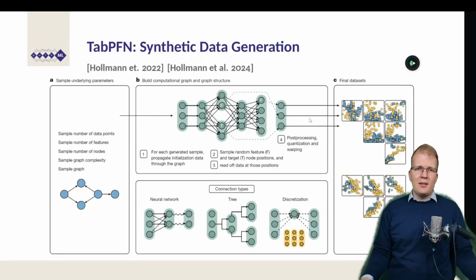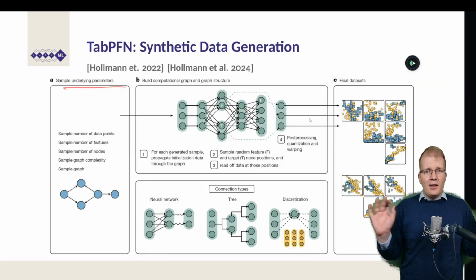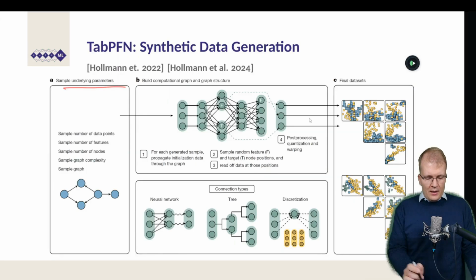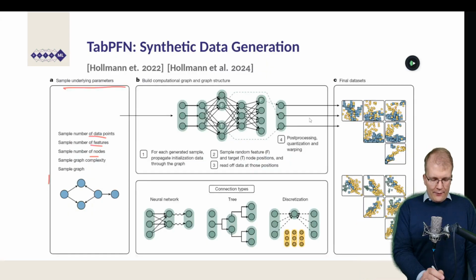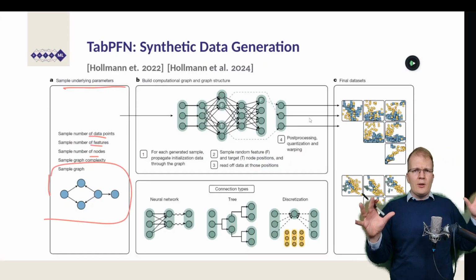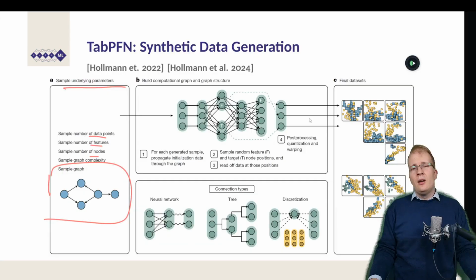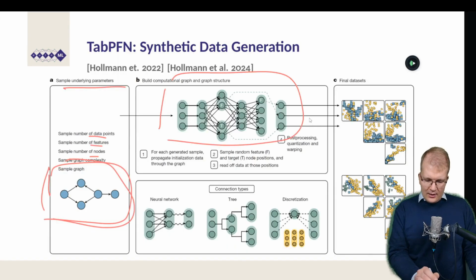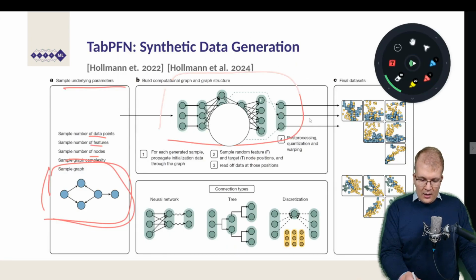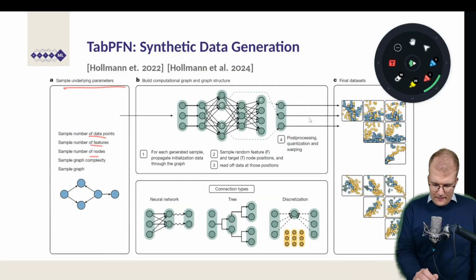How to do it specifically, here is the summary idea. First of all, we need some underlying parameters of the dataset we would like to generate, for example, the number of data points, features, nodes, and so on. Then we also have an overall graph, which tells us how data is transformed to get to the final generated synthetic dataset. For each generated sample, we propagate the initial data through that graph.